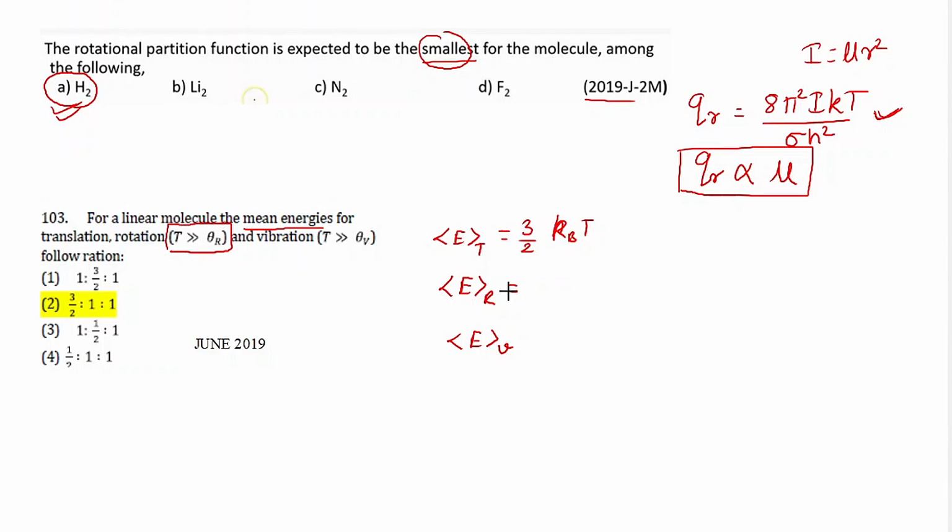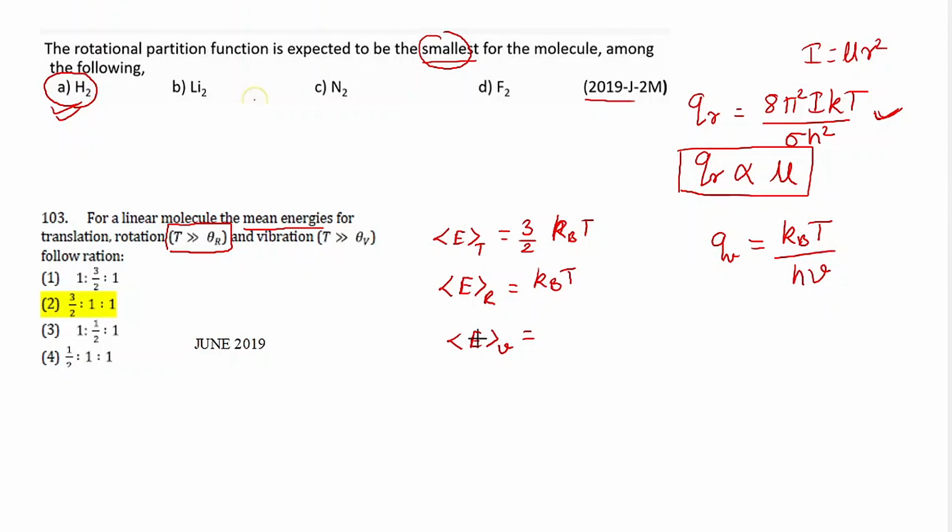So the mean rotational energy is given as kBT, and for the vibrational partition function, when T is greater than theta, the value of the vibrational partition function is kBT upon h mu. Okay, so this is the value that we have already seen in the first problem that we have discussed.